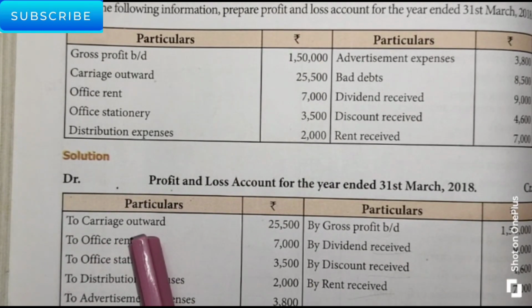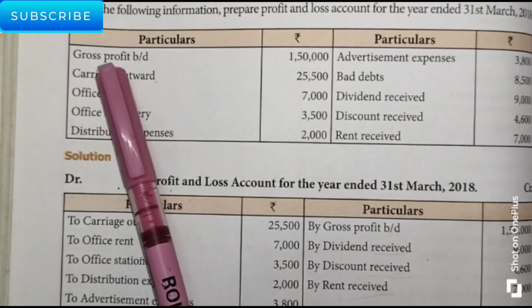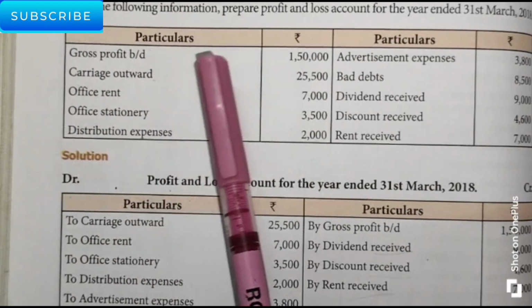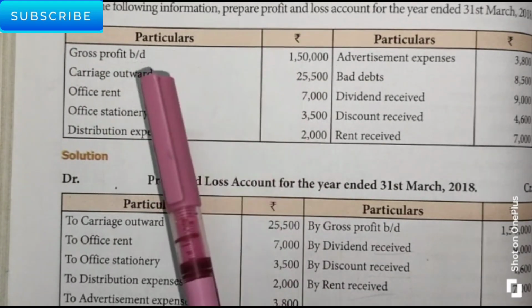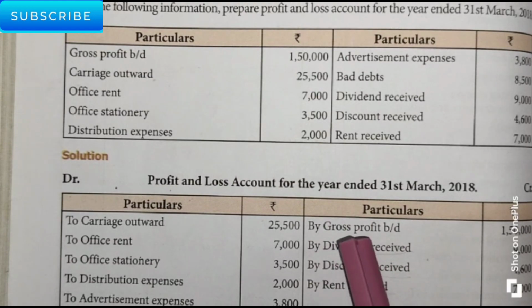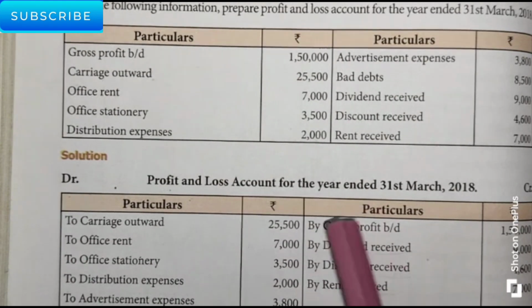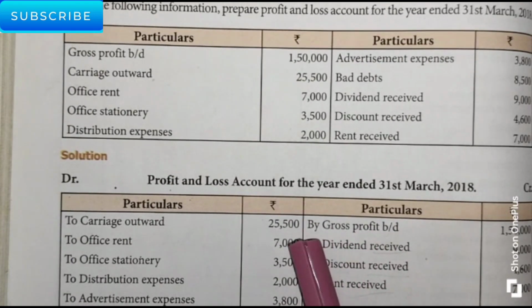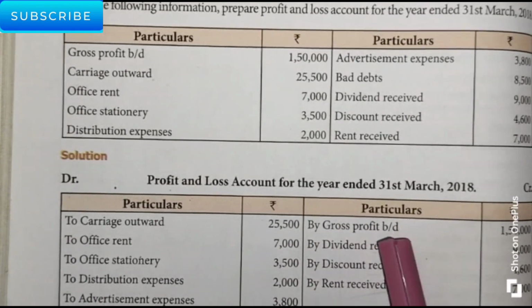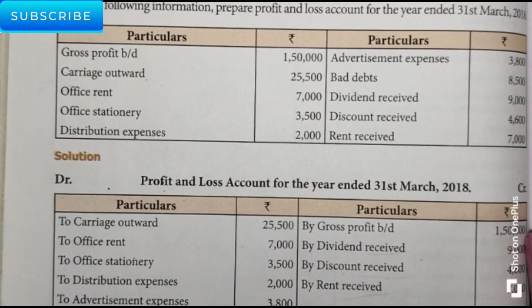They have given gross profit brought down 1,50,000 rupees, so we enter it on the credit side. On the credit side you always start with the word By. So by gross profit brought down 1,50,000 rupees.